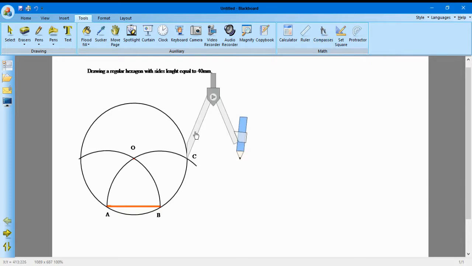Alright. So with my compass now centered at point C, I will proceed to describe another arc with the distance from A to B. My compass is supposed to be open from A to B. I will center my compass at C, and I'm gonna scribe an arc on the circle this way.